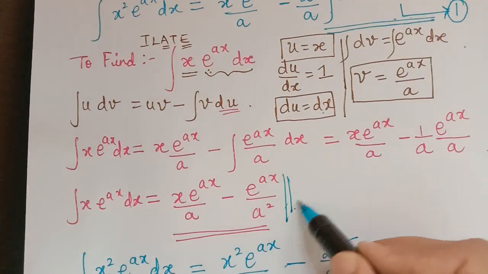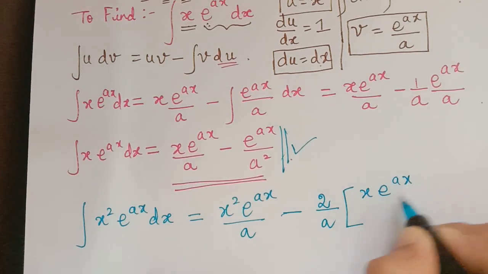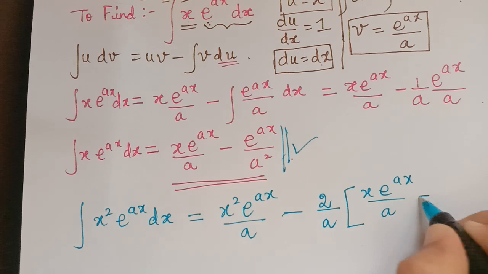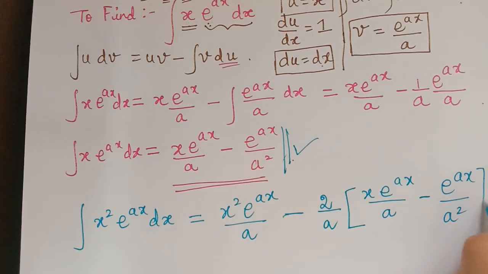What is this integral value? We have evaluated here. So let us substitute that. So x e power ax divided by a minus e power ax divided by a square.